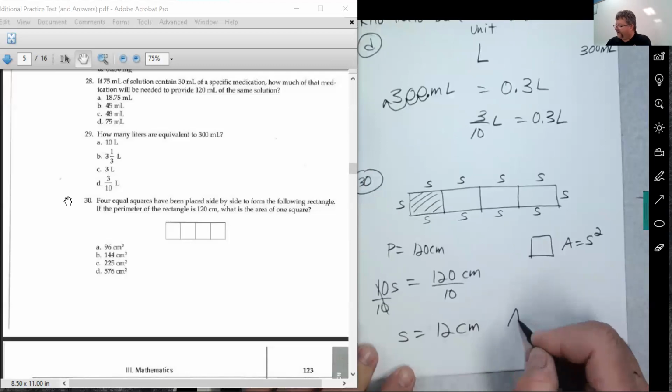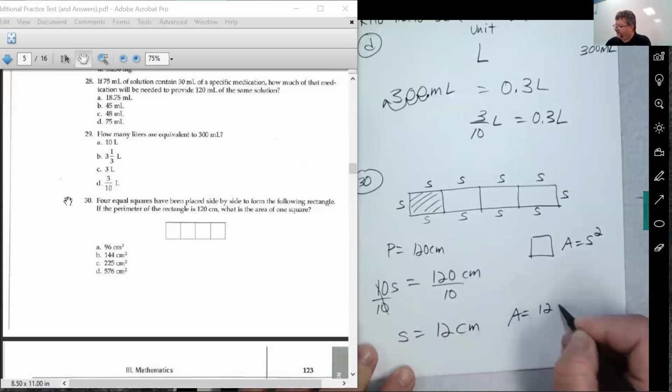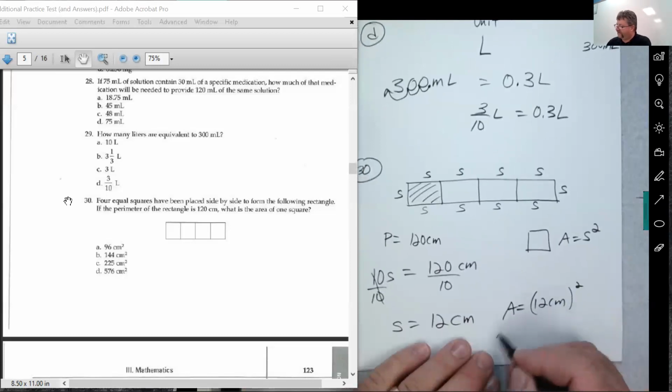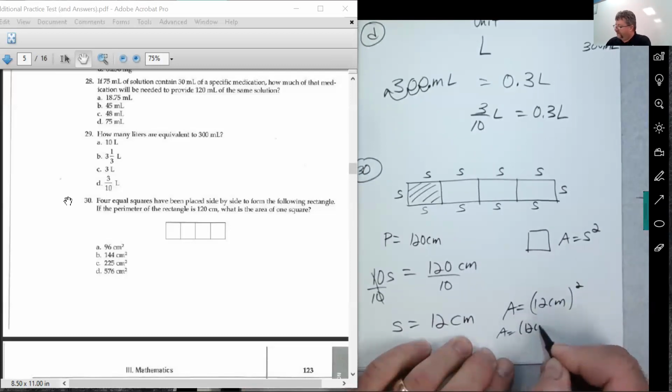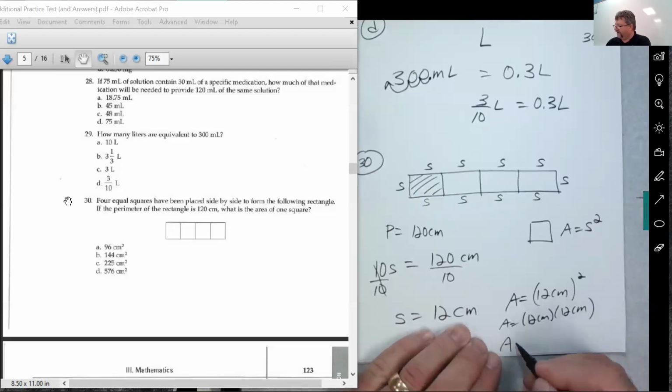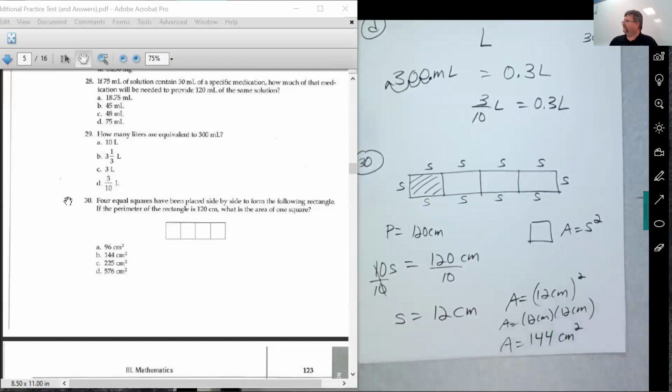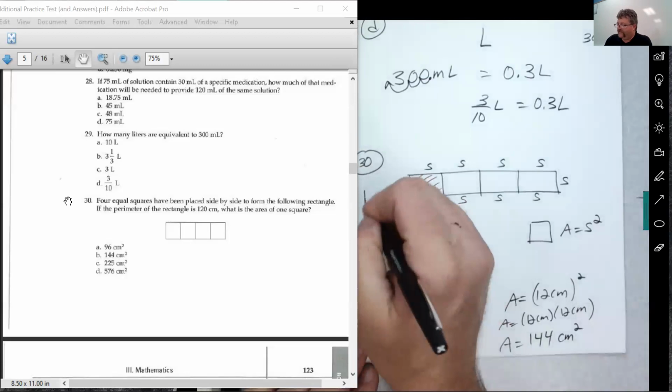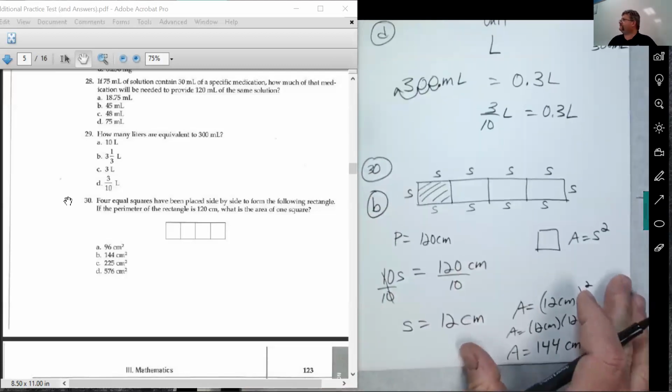So the area is 12 centimeters squared, which means 12 centimeters times itself times 12 centimeters. So I'm going to get 144 square centimeters. All right, so if we check out our choices now, choice B would be it.